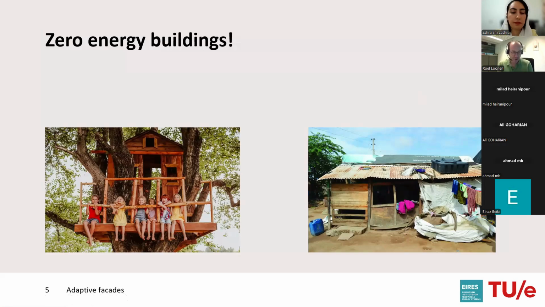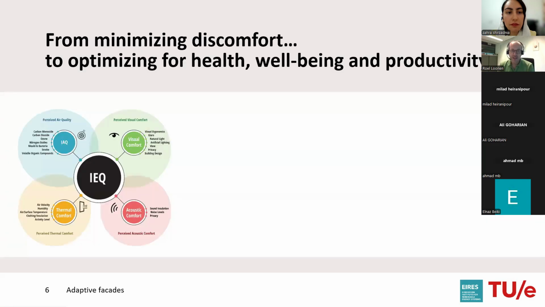So depending on the context and depending on the needs, it can work out well. But obviously, there is more than energy when it comes to designing buildings. And we are becoming actually increasingly aware of the role of indoor environmental quality. So this is about thermal comfort, which I think you will also learn more about later this week.